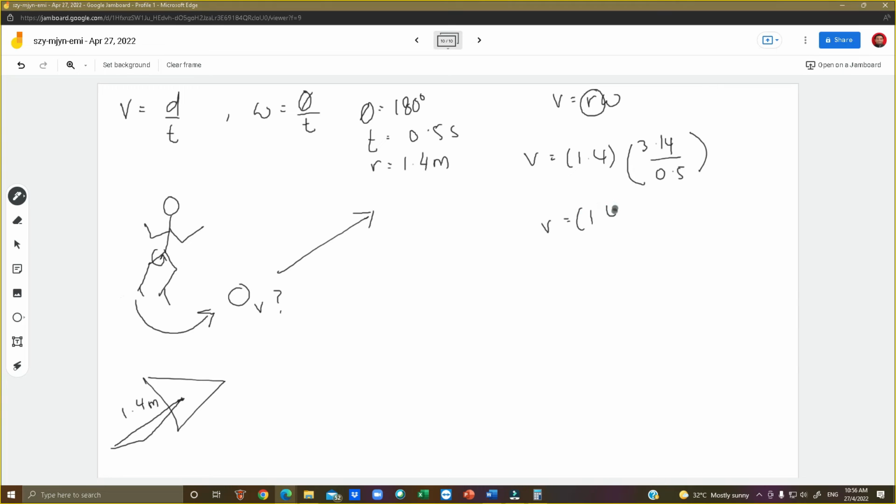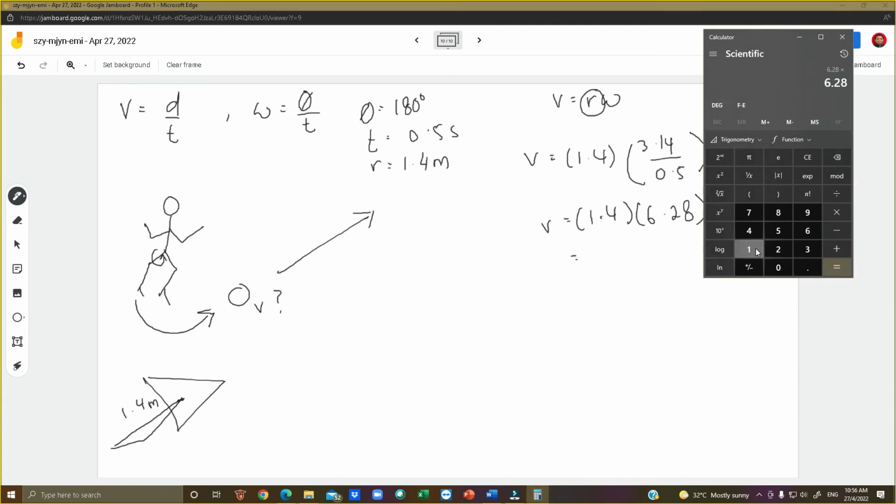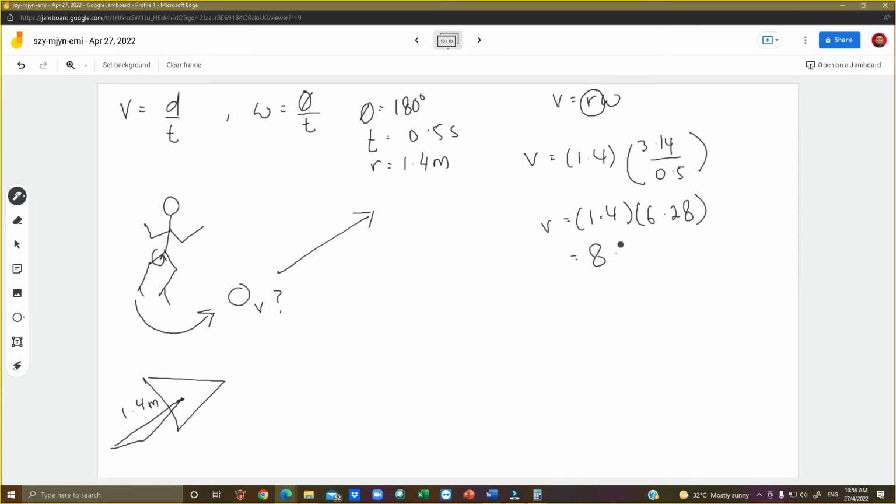So we have 1.4, 6.28 times 1.4, we have 8.79 meter per second. So by having this velocity at the hip, we can have a ball that travel 8.79 meter per second.